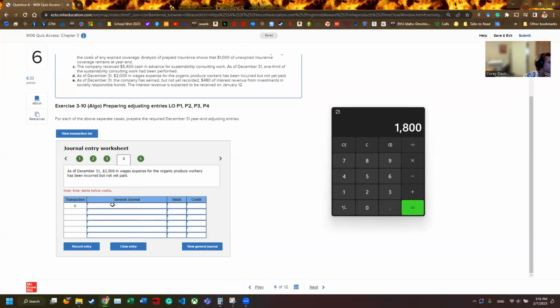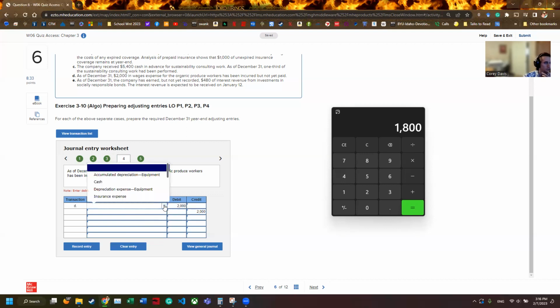For number 4 here, as of December 31st, $2,000 in wages expense for the organic produce workers has been incurred, but not yet paid. So we will, again, debit first, 2,000 there, and whatever the credit's going to be, it's going to be 2,000.